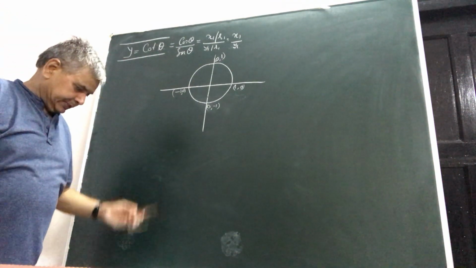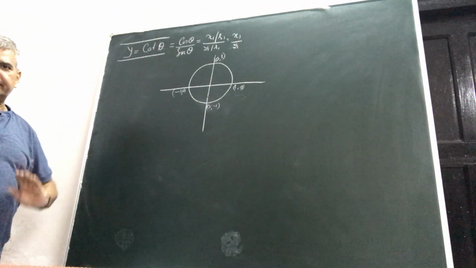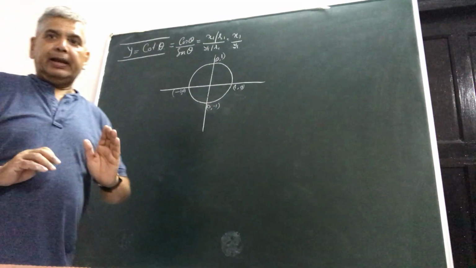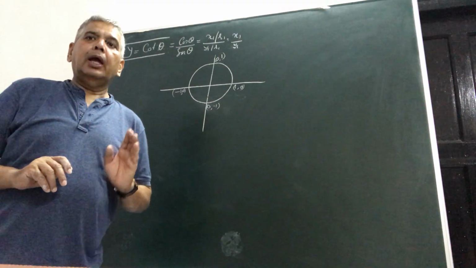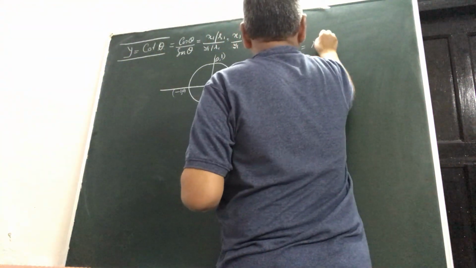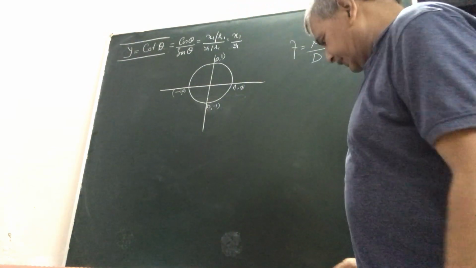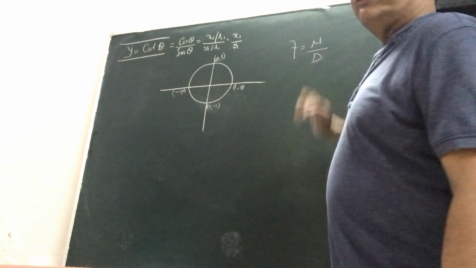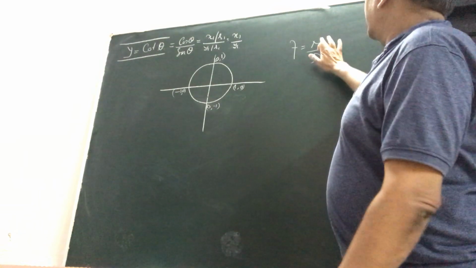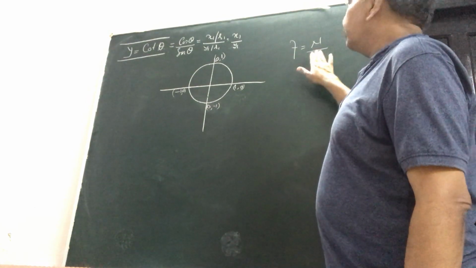Once again I repeat it. We discussed the beauty of the coordinate system, and we explained in detail that if there is a fraction, numerator upon denominator, and you want to increase its value, you can increase the value of the numerator, provided both are positive, or decrease the value of the denominator.